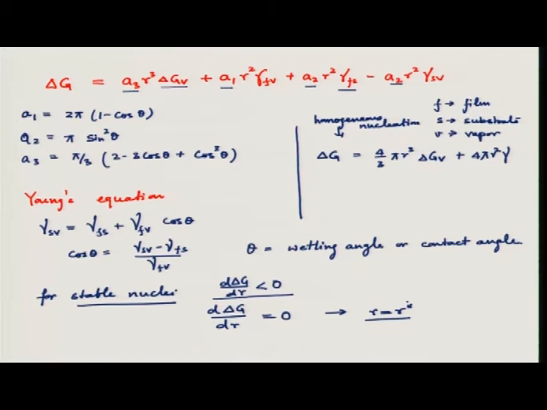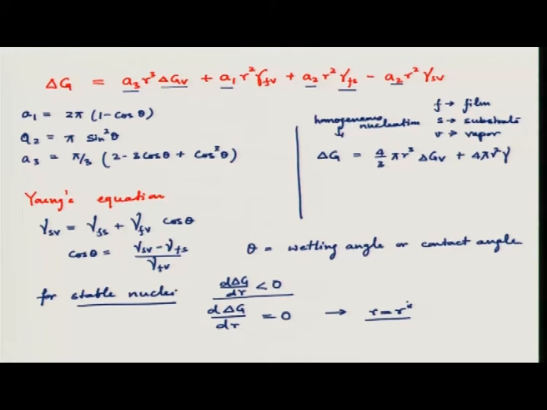From this expression of delta G, we can calculate these values. R star will be given by minus 2 (A1 gamma Fv plus A2 gamma Fs minus A2 gamma Sv) divided by 3 A3 delta Gv.